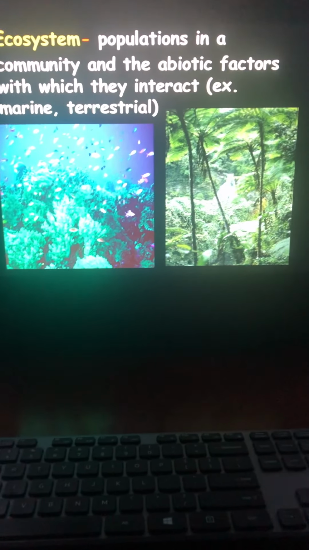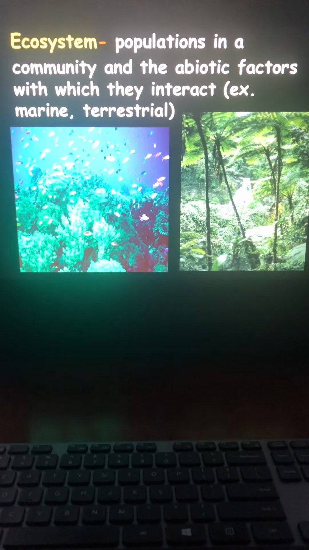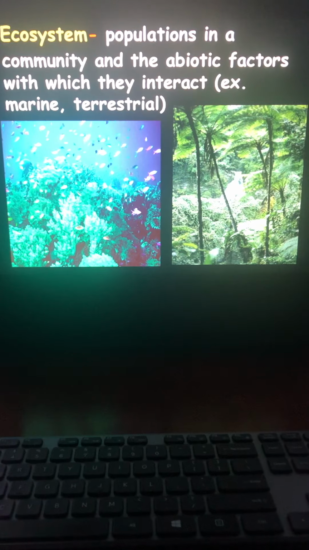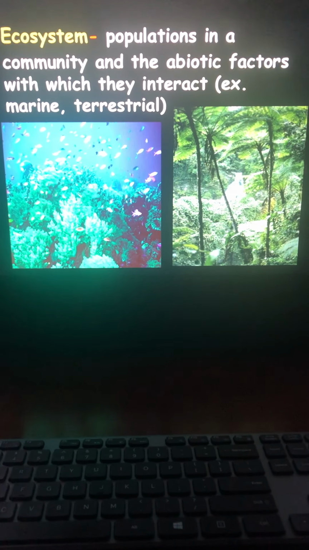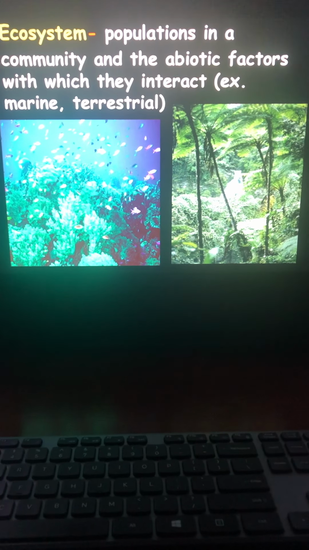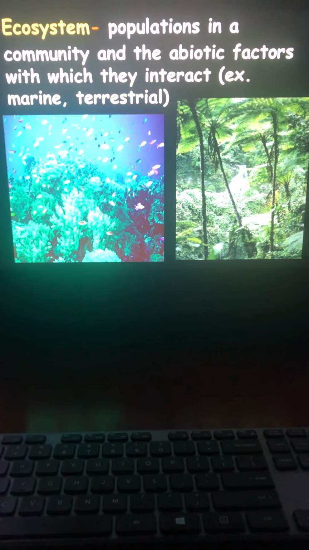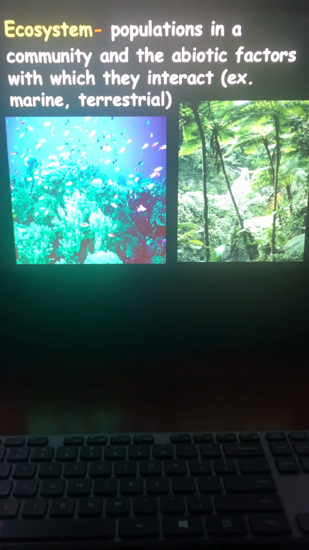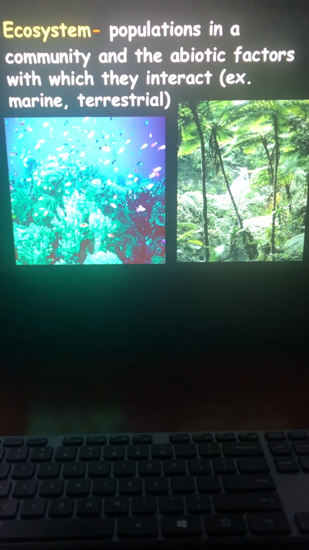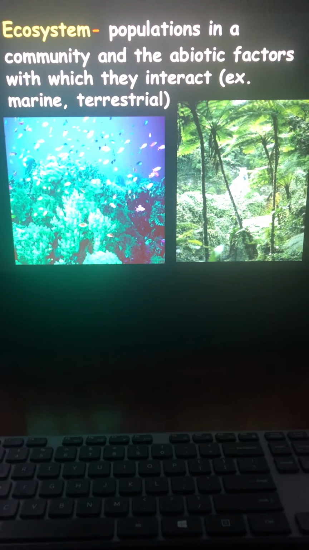The next level up is an ecosystem, and this is where we start throwing in the abiotic factors, which we also refer to as non-living. So remember, biotic, think of bio, think of biology, and that means life, living, because biology is the study of life. So abiotic is going to be the opposite of that. It's the non-living things that we can't live without.